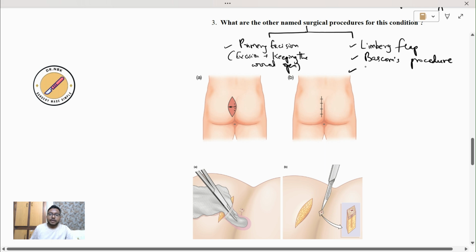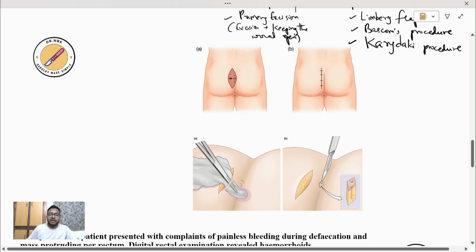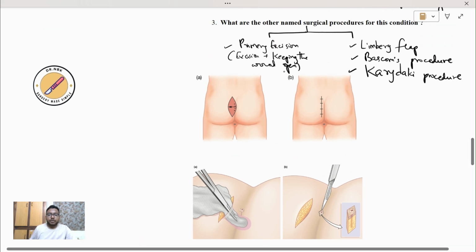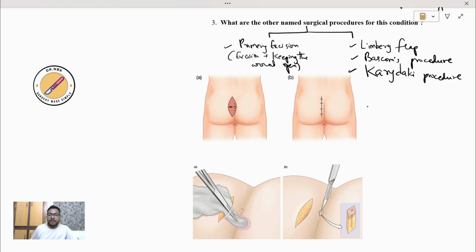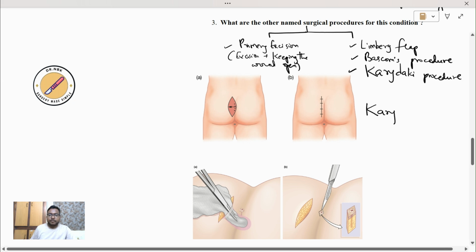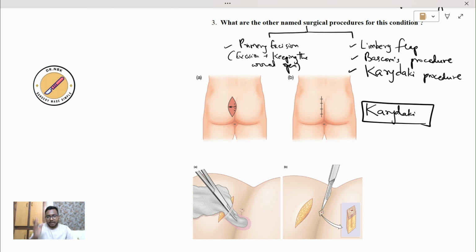The third one is Karydakis procedure. What is the basic difference between Bascom's and Karydakis? First, let's look at Karydakis. So what is being done here? As you can see, whenever there is a midline disease, we go lateral to the midline.